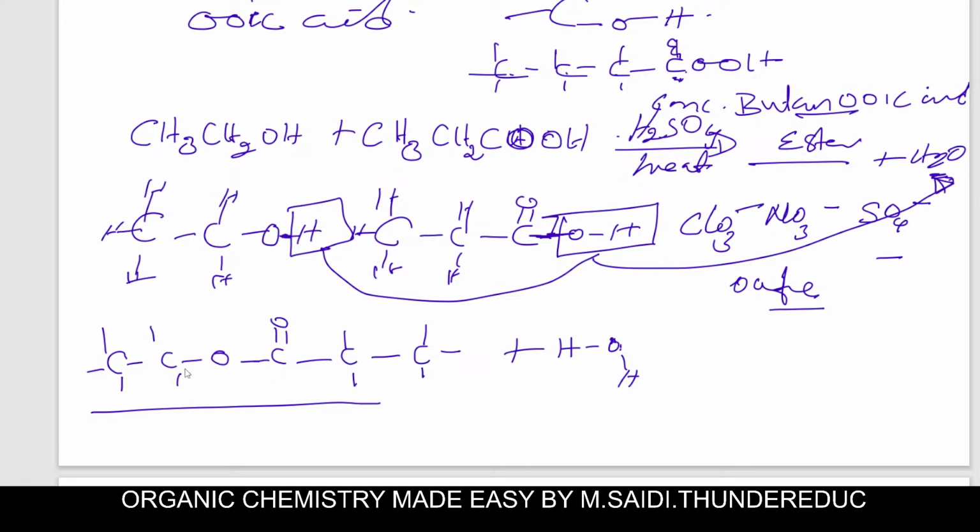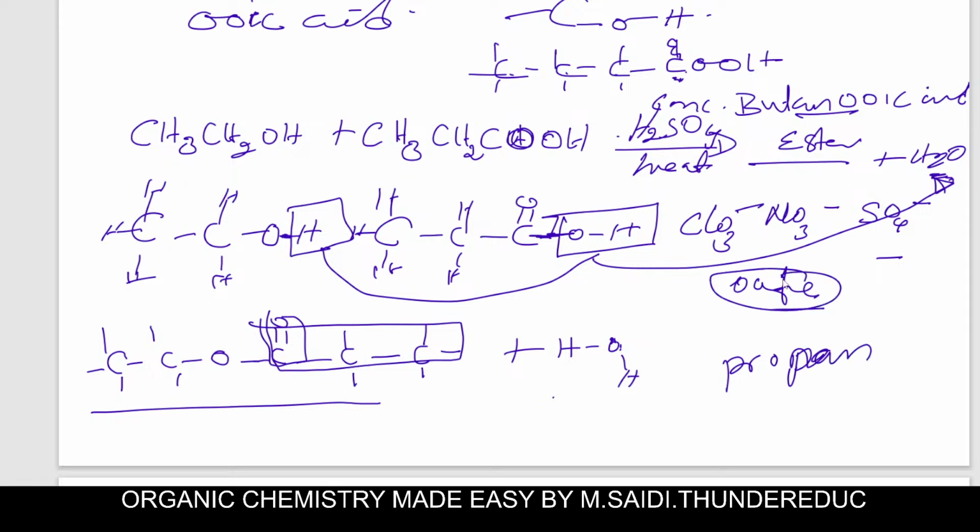So this is the one where you're going to add the -oate. Why? Look at this carbon: a carbon atom with an oxygen double bond means it came from a carboxylic acid. Therefore, counting 1, 2, 3, it is prop-, and don't forget to go up to there.